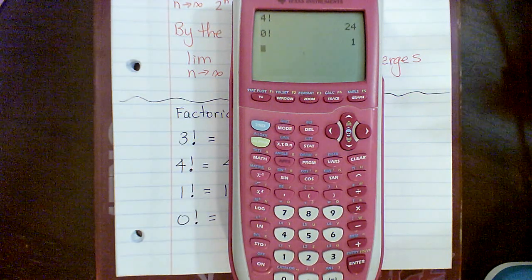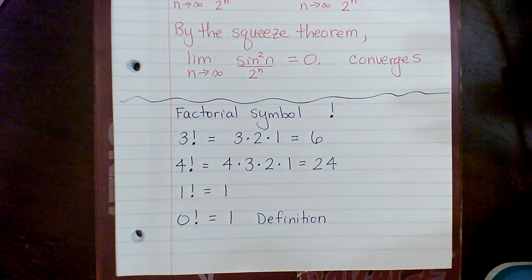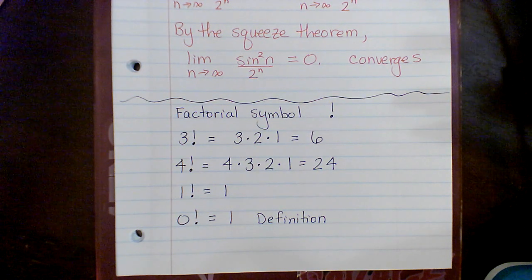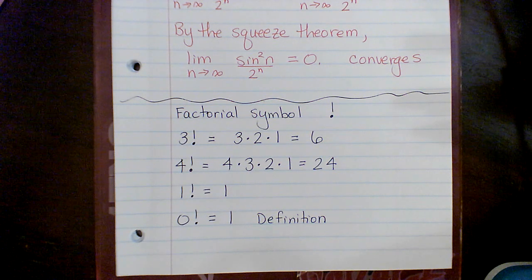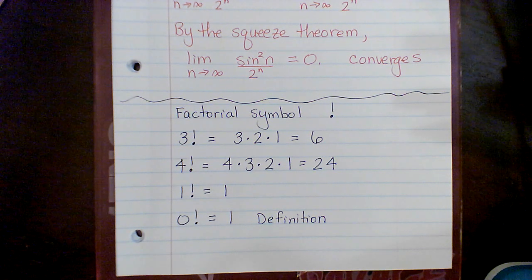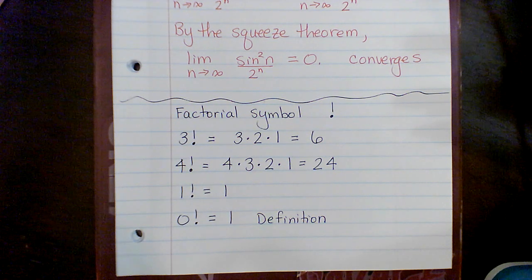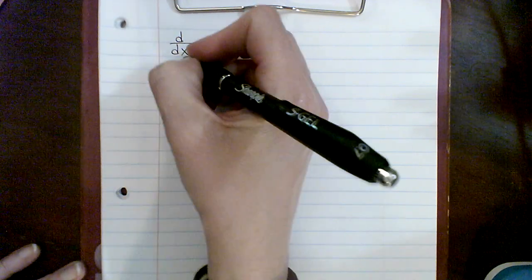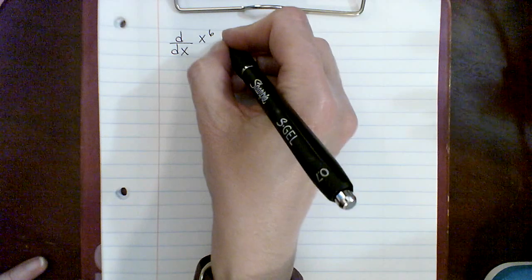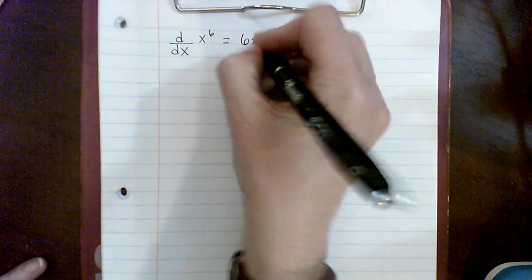Now you guys have seen examples of when factorials show up before. You just may not realize it, but when we start taking repeated derivatives of algebraic functions, we end up with this factorial stuff. So if you were going to take the derivative of, say, x to the 6th, that would be 6x to the 5th.